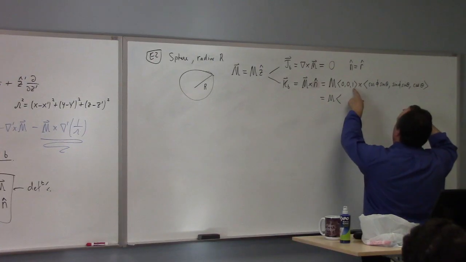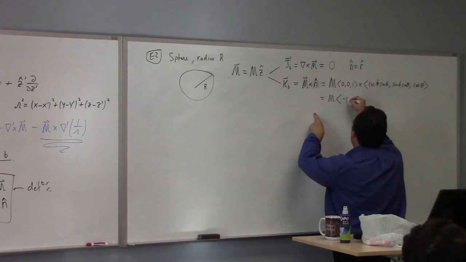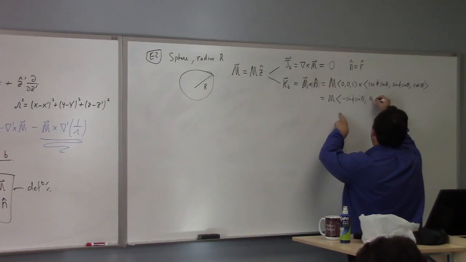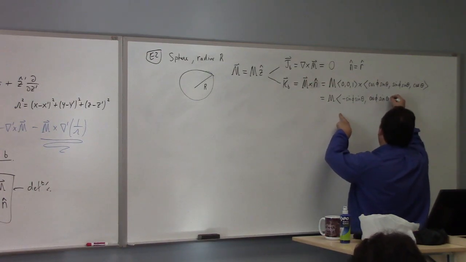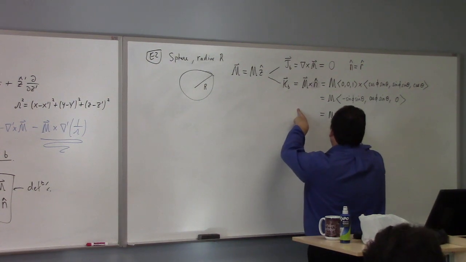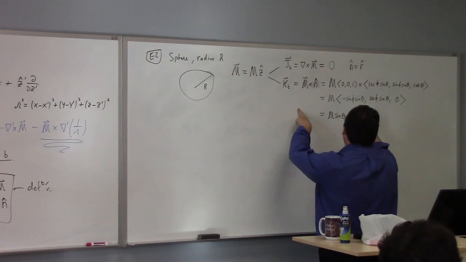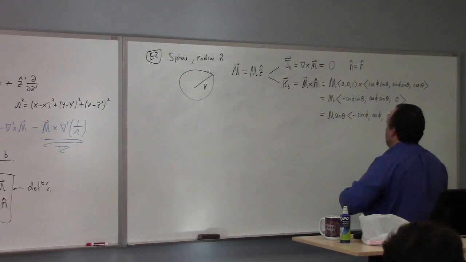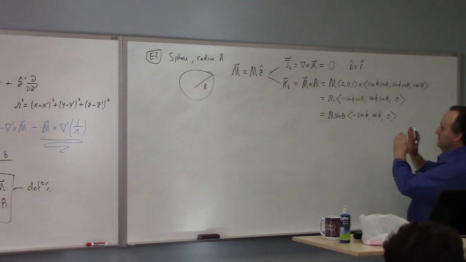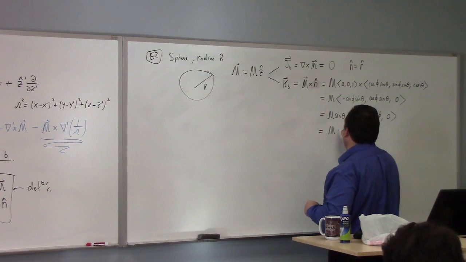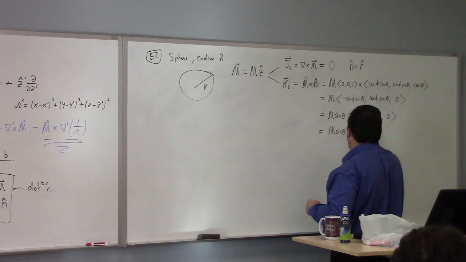To get the x, we do z cross y, but that's minus sine phi sine theta. And then you've got cosine phi sine theta, and you got 0 for your z component. Now factor out the sine theta. You got M sine theta times (minus sine phi, cosine phi, 0), and that is phi hat. So what we have then is M sine theta phi hat.